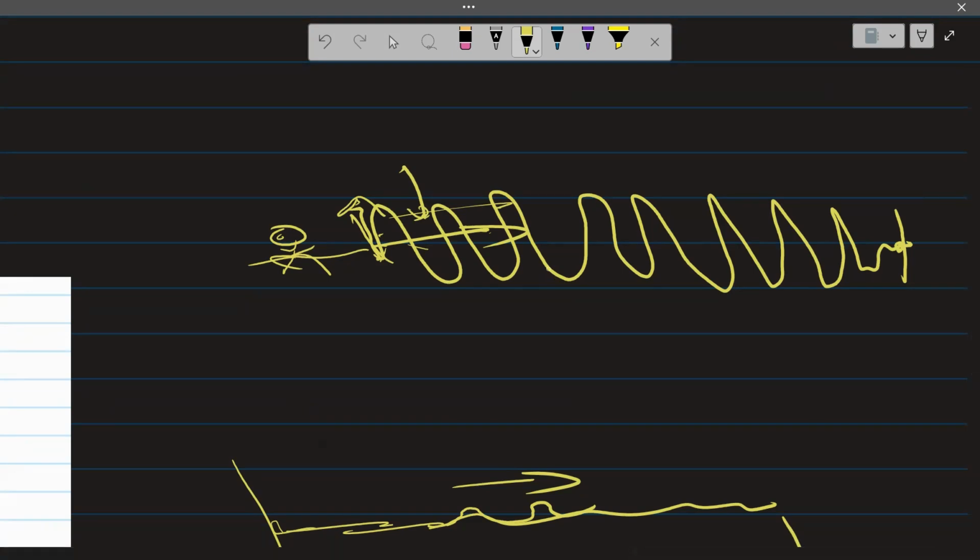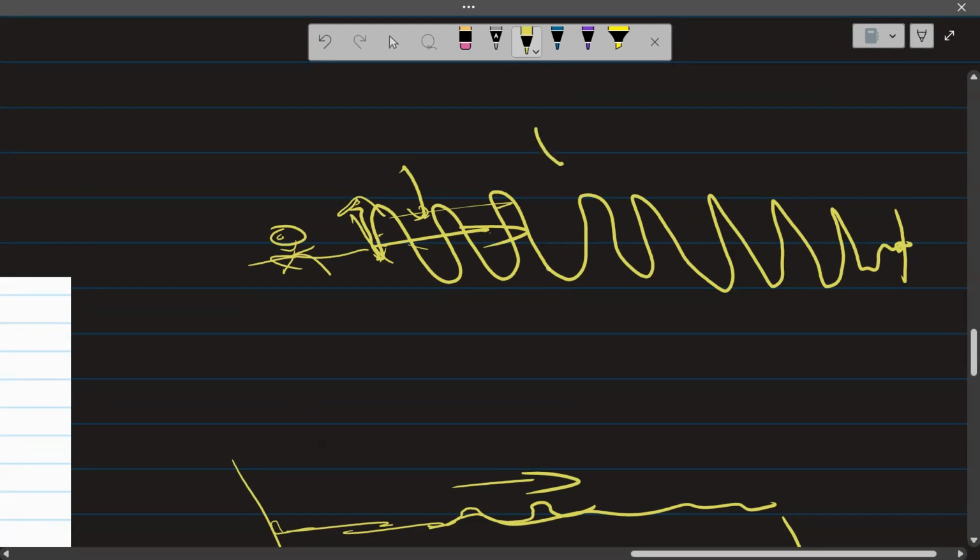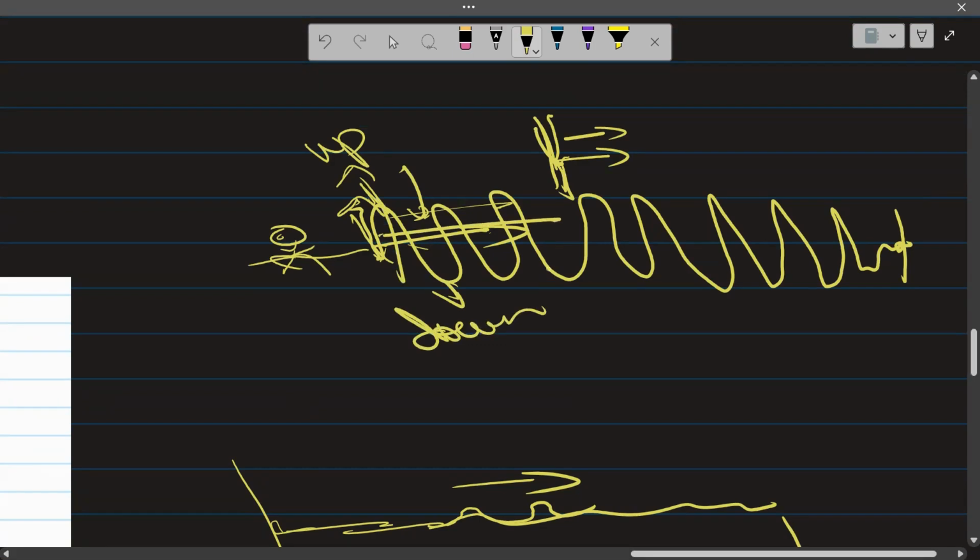That means the wave is moving this way, and the particles are moving up and down, up and down. Here the particles are up, and here the particles are down. So this is perpendicular. Here you can draw a 90-degree angle.